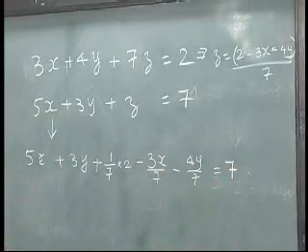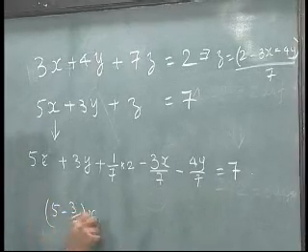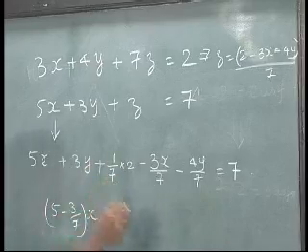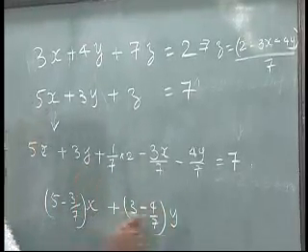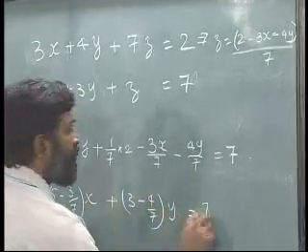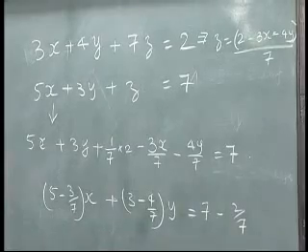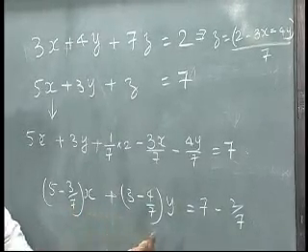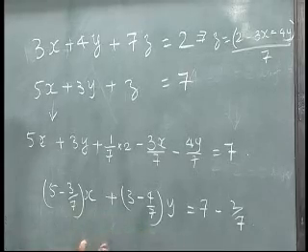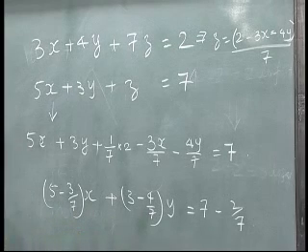Let me just regroup fast. 5 minus 3 by 7 x plus 3 minus 4 by 7 y is equal to 7 minus 2 by 7. Is this okay? If you notice here, this is an equation in terms of x and y. Now, can I ask this question? Can I write y in terms of x? The answer is yes, right.